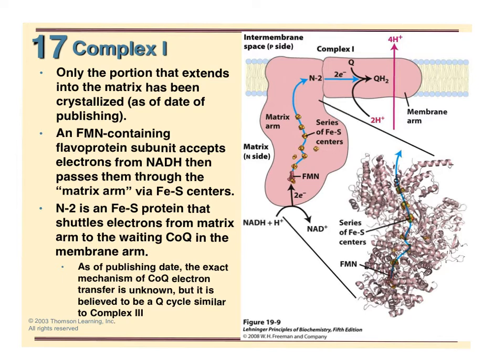One other point I want to make, whenever they're talking about the mitochondria, I don't think I already discussed this, another nomenclature that they like to use is the N side, and it's not because it's on the inside of the mitochondria. It's in the matrix, but the matrix is the N side because it's negative.